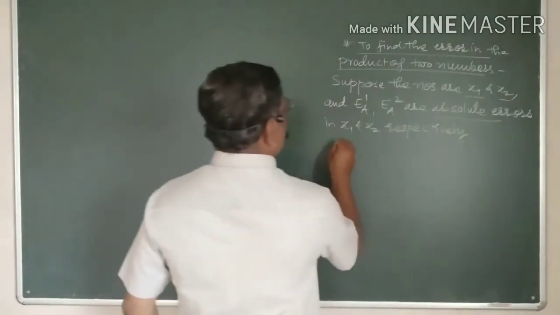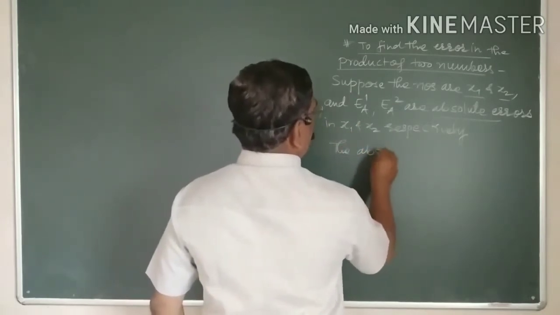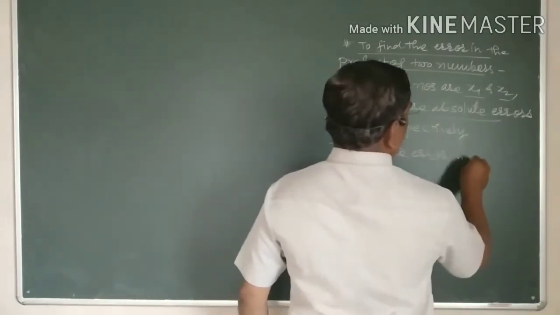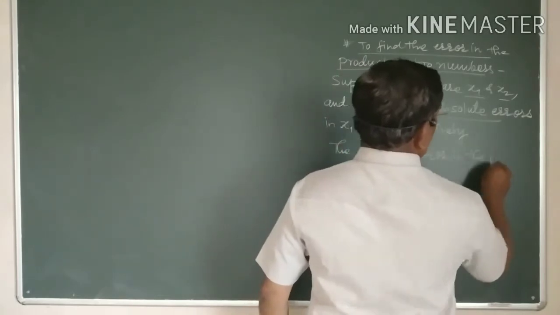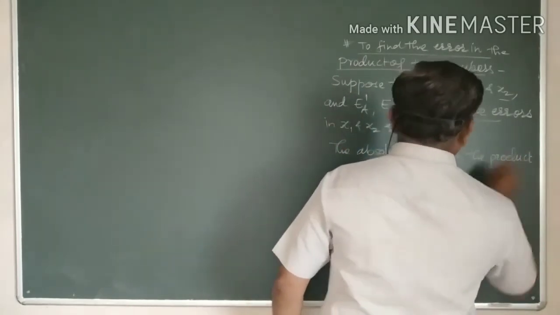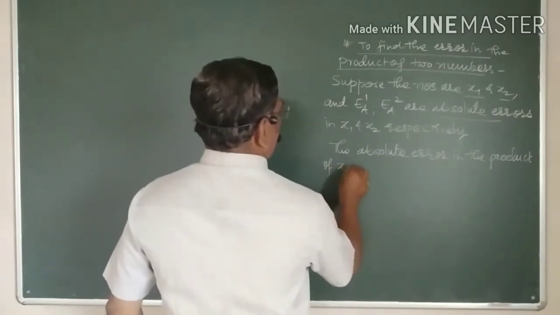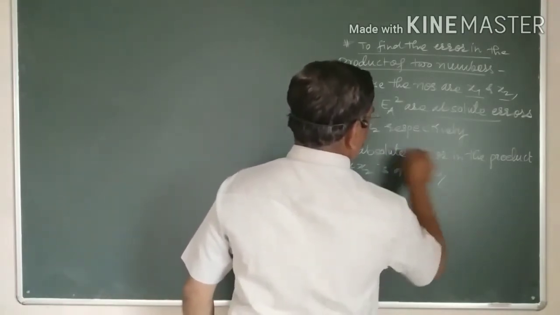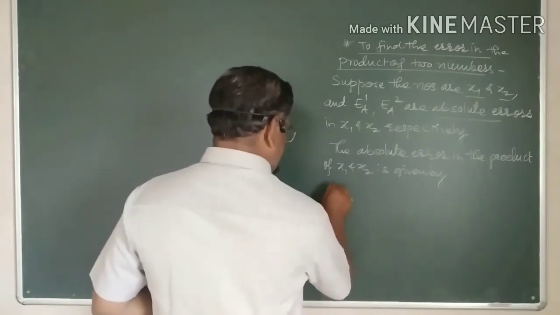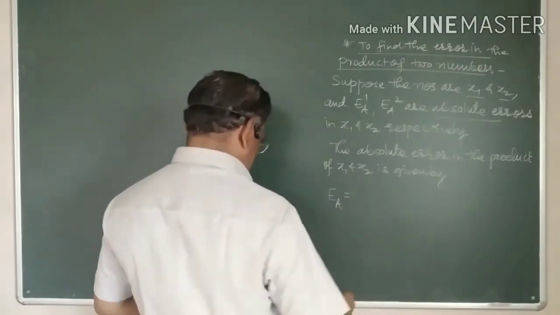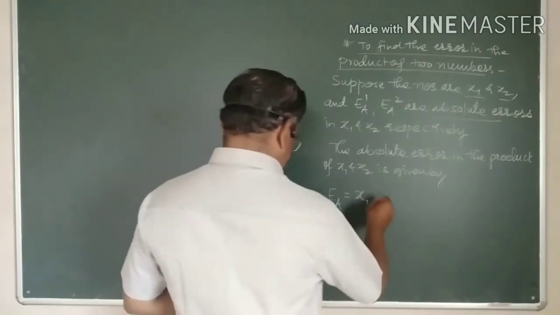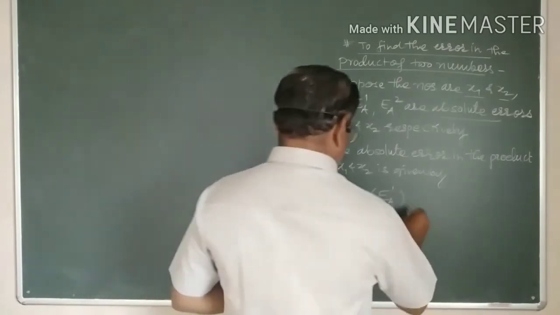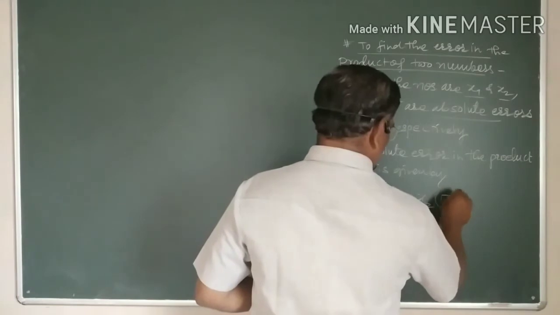Then the absolute error in the product of x1 and x2 is given by EA is equal to x1 into EA1 plus x2 into EA2.